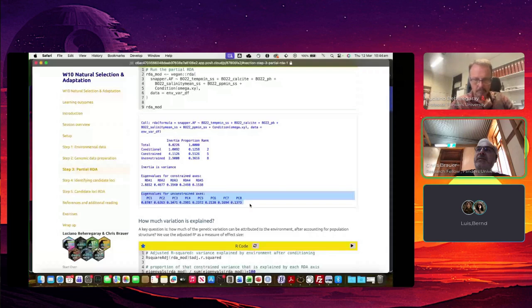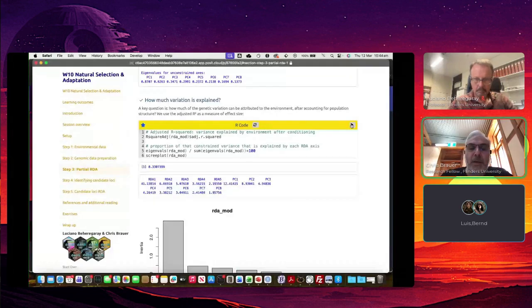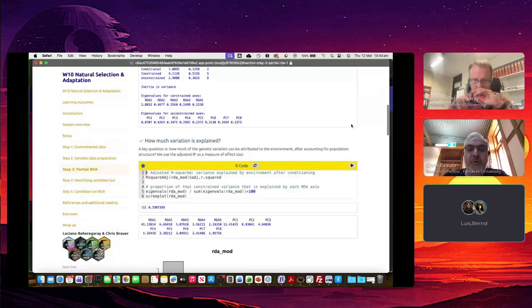And so we can summarize all of that. We run the next set of code. And so we use an adjusted R² value for that. And this is basically an effect size estimation for the model. And so we go up here.